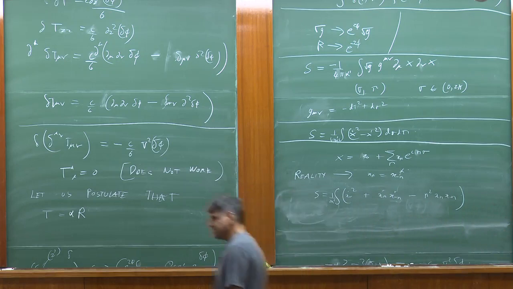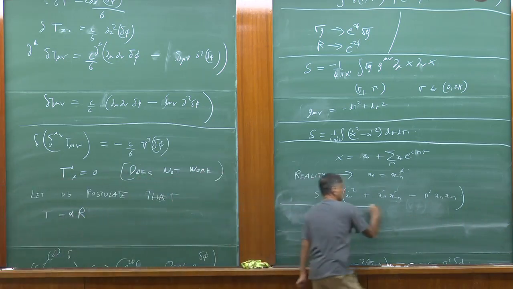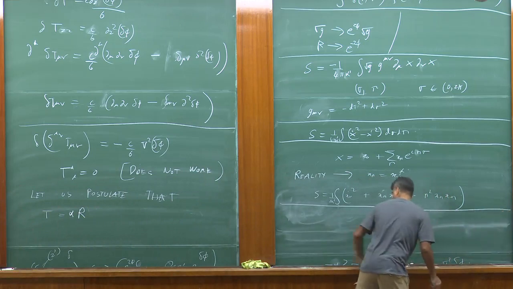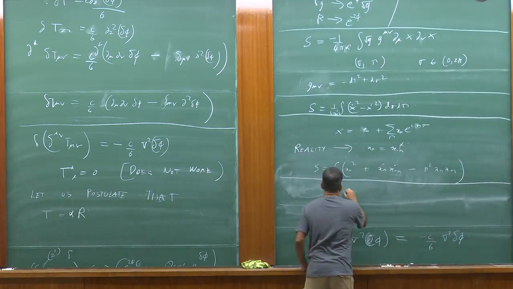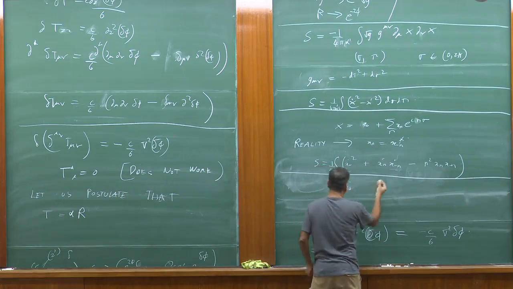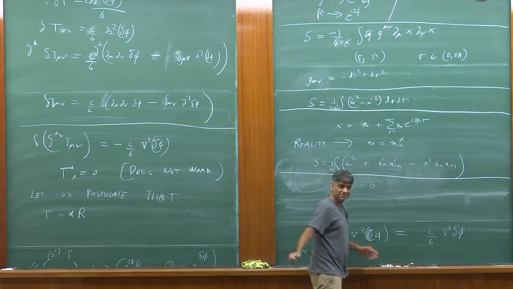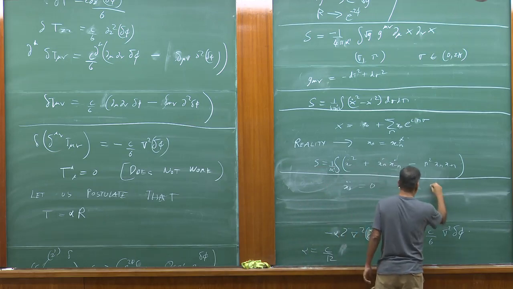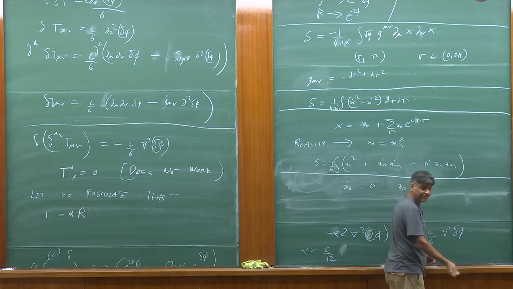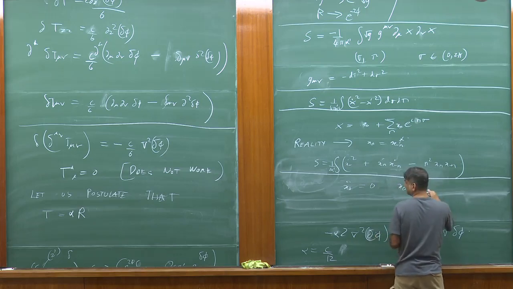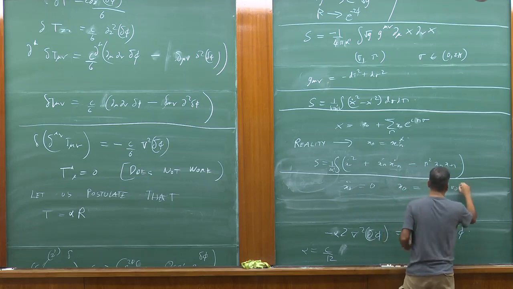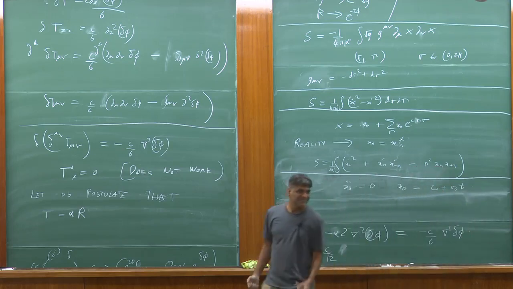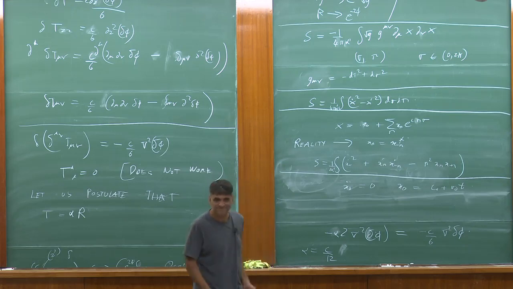Okay, and so we get the solutions. The equation of motion is x naught double dot equal to 0. So x naught, as a function of time, is some c naught plus v naught t, position plus velocity times time.